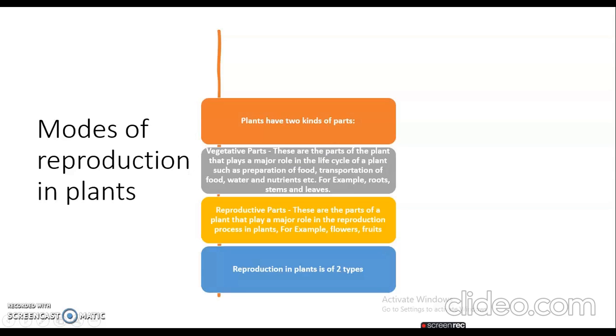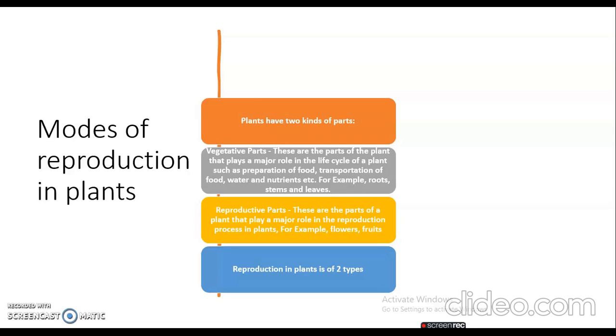Modes of reproduction in plants. Plants have two kinds of parts, vegetative parts and reproductive parts. The parts of the plant that play a major role in the life cycle of a plant, such as the preparation of food, transportation of water, food, and nutrients, are known as the vegetative parts.